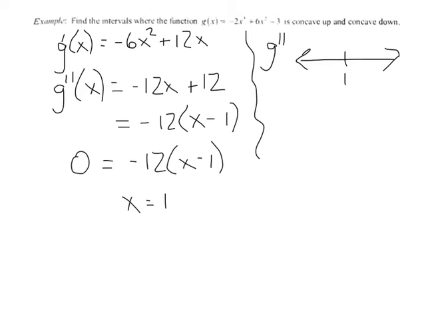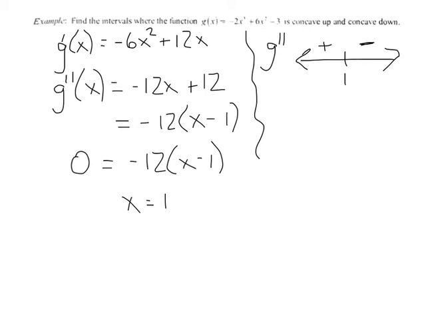If I plug a 2 into this, let's say, I would get something that is negative. And if I plug in a 0, so something that's on this interval, I would get something that's positive. And so remember that our test says wherever the second derivative is positive, it's concave up, so it'd be going something like this here, and here it's concave down, so it's something like that on that side. That's what the original function would be looking like.